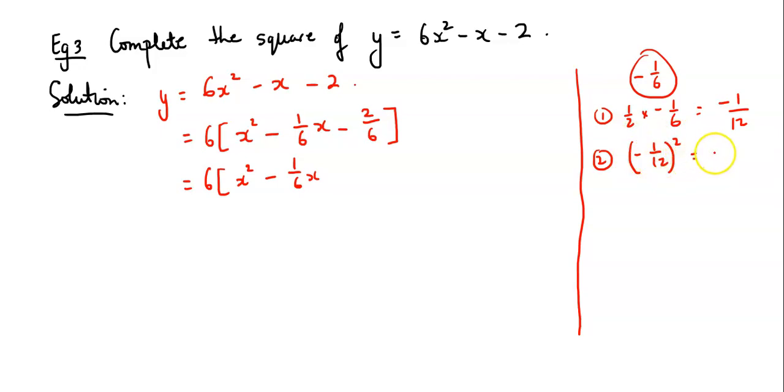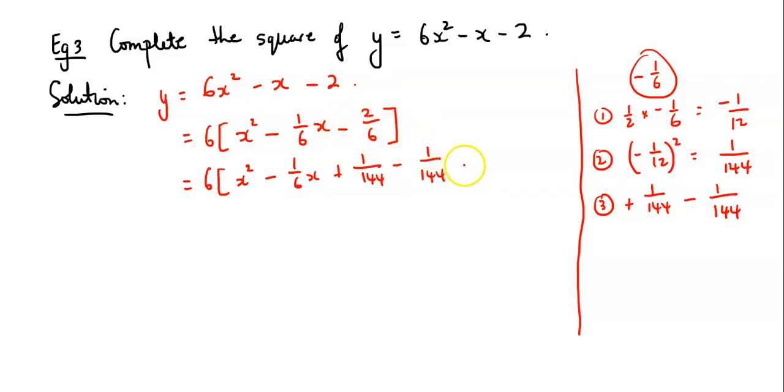Minus by minus is a plus, 1 by 1 is 1, 12 by 12 is 144. The third thing we do is add 1 over 144 and subtract 1 over 144. So we have plus 1 over 144 minus 1 over 144, and we put back our minus 2 over 6, close brackets.